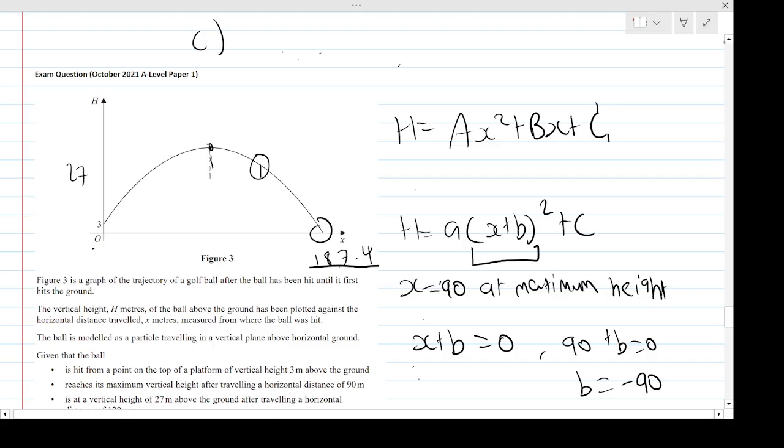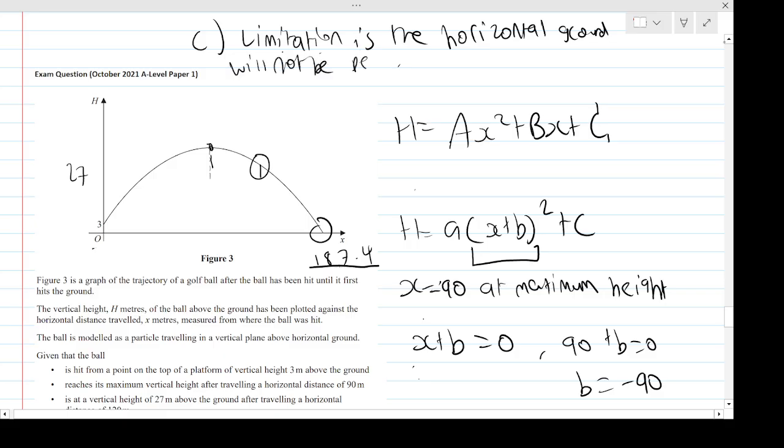So in reality, a limitation is simply that the horizontal ground will not be perfectly flat or horizontal.